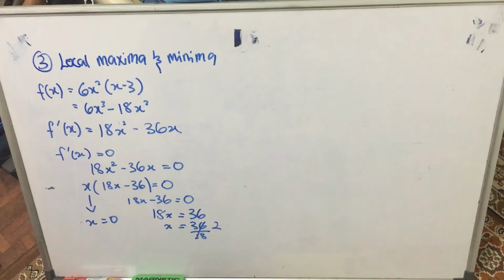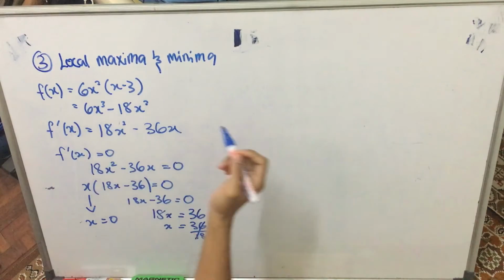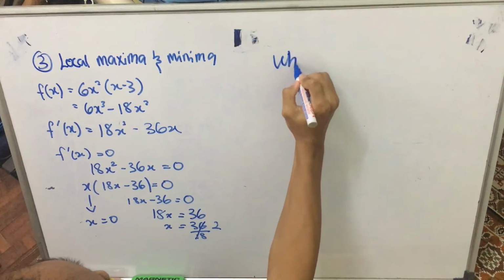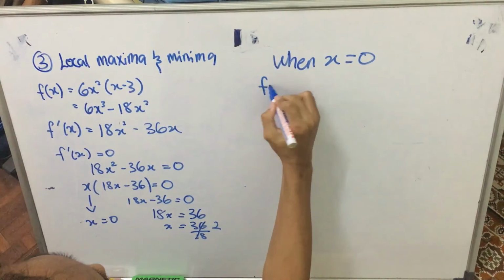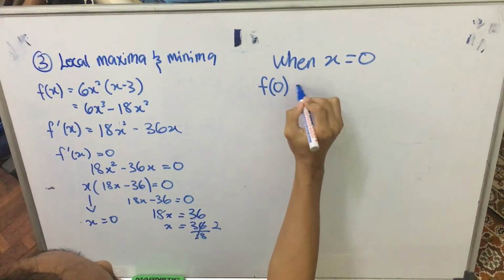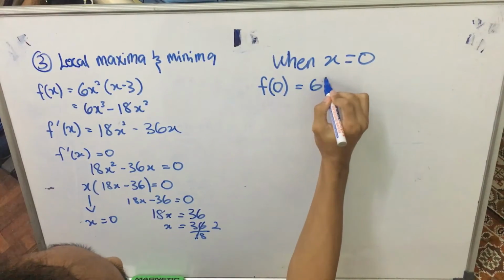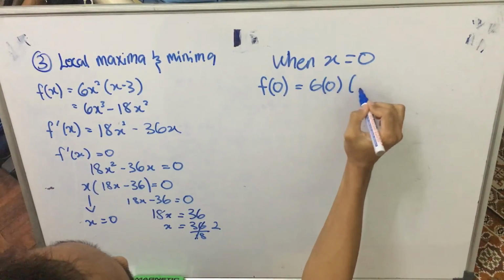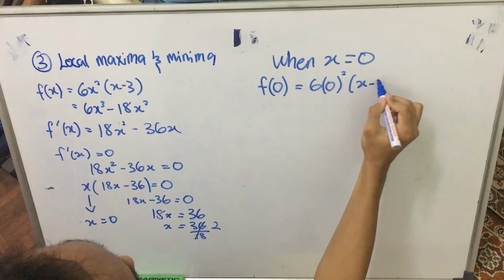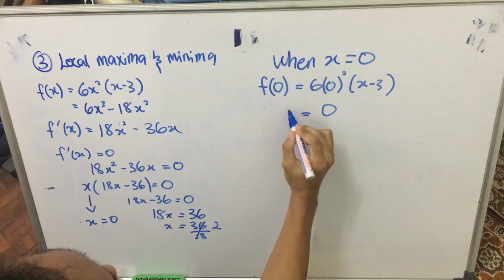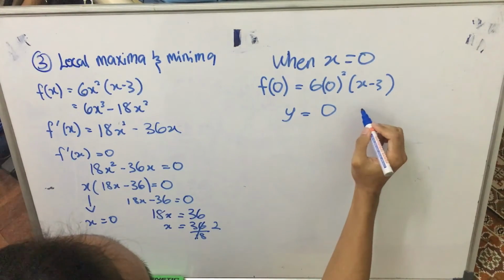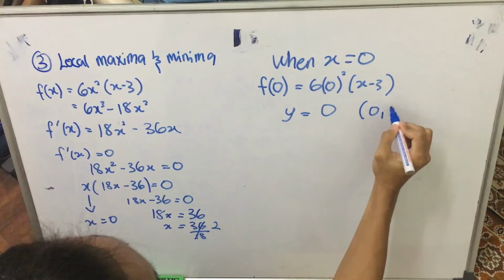So to find the y value, we need to substitute the x value into the function equation. When x is 0, of course, it is 0. The critical point is 0, 0.